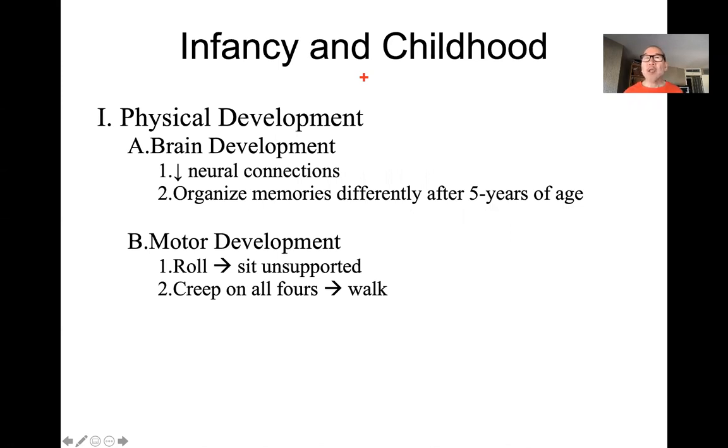There's certainly a lot of changes that go on physically. I'm just going to touch on these very quickly. The brain goes through massive development in infancy and childhood, with billions of neural interconnections made between the neurons.